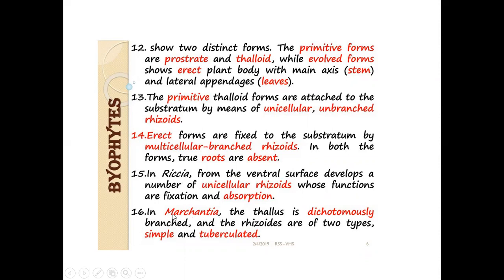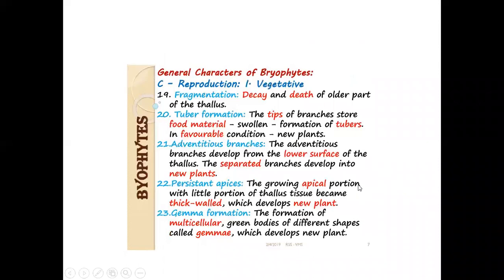And Marchantia is another example, where the thallus is dichotomously branched, and the rhizoids are of two types: one is simple and the other is tuberculated rhizoids. When we discuss Marchantia, we will talk about these rhizoids.